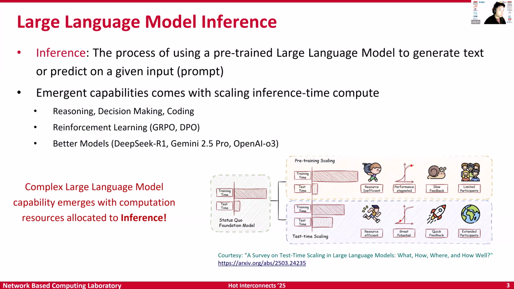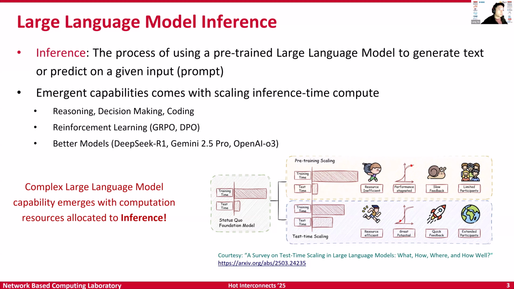Because as you may know, there are a lot of better models that came out recently, I would say in the recent months, such as DeepSeek R1, Gemini 2.5 Pro, or OpenAI O3. These models are proven to be really capable in reasoning, decision making and coding, and they all utilize advanced reinforcement learning algorithms like GRPO, DPO, PPO, you name it.